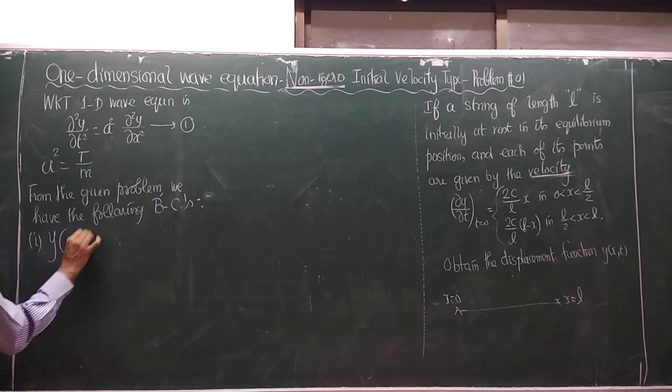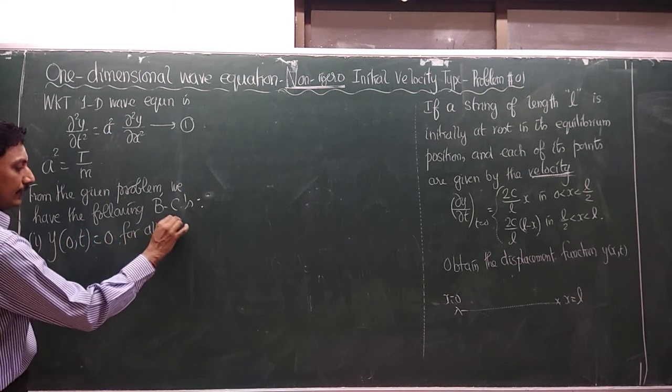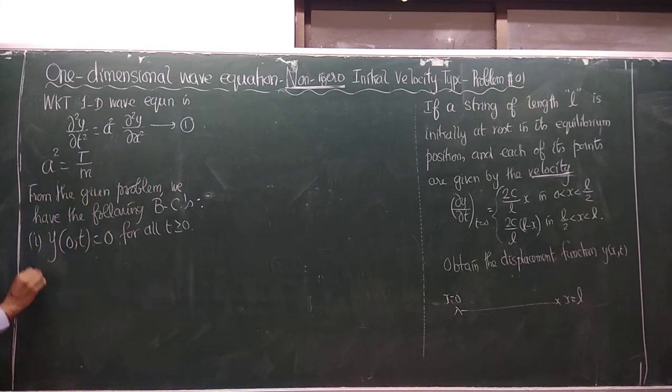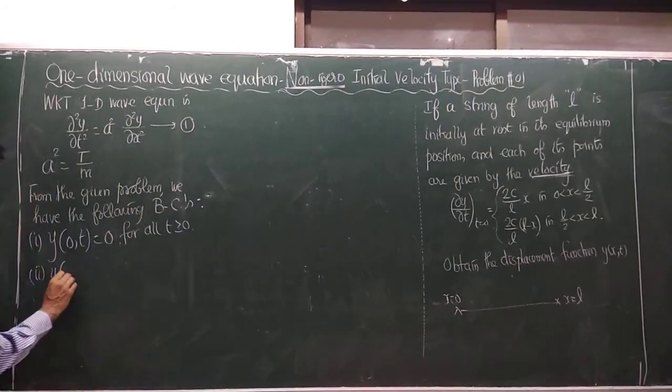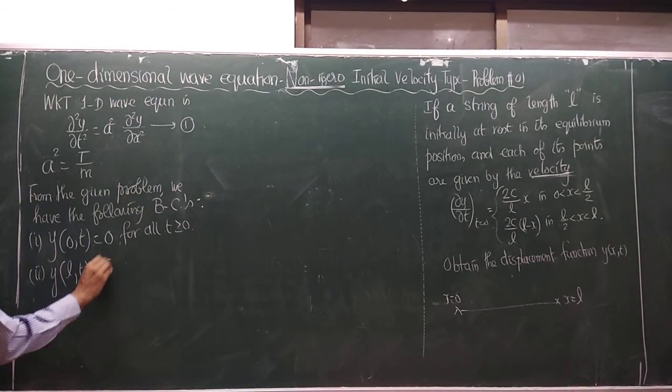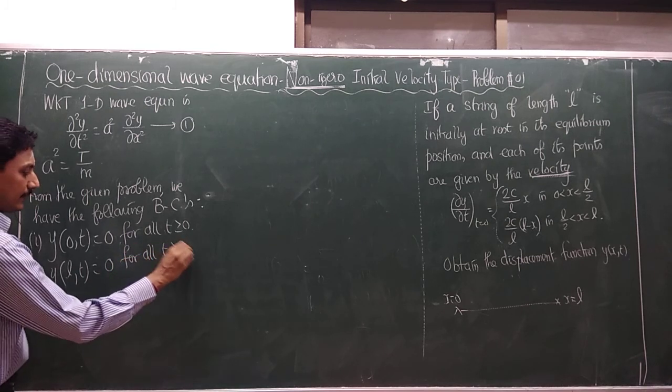So there is no displacement at this point for all time t, that is y(0, t) = 0. The second condition is for the right end at x = L. So y(L, t) = 0, because that point is also fixed. So no displacement at that point.